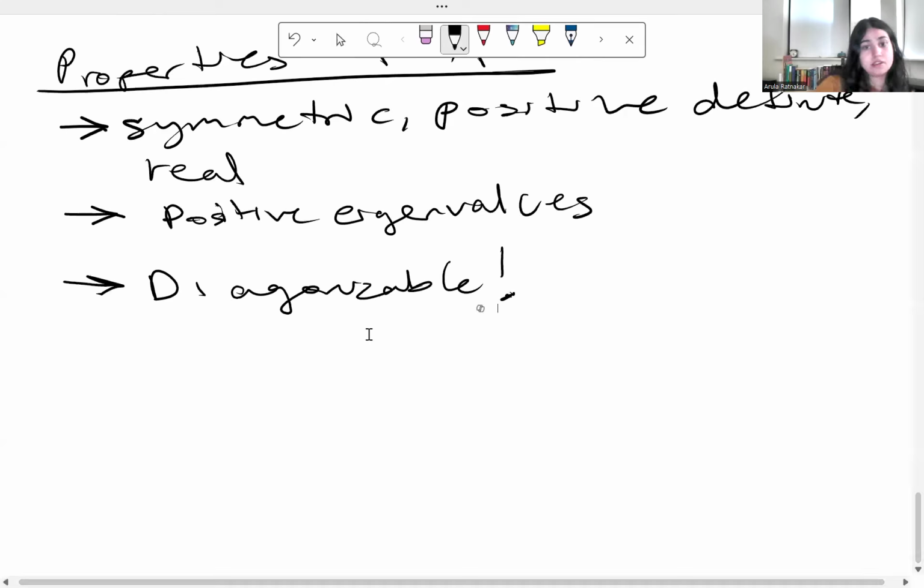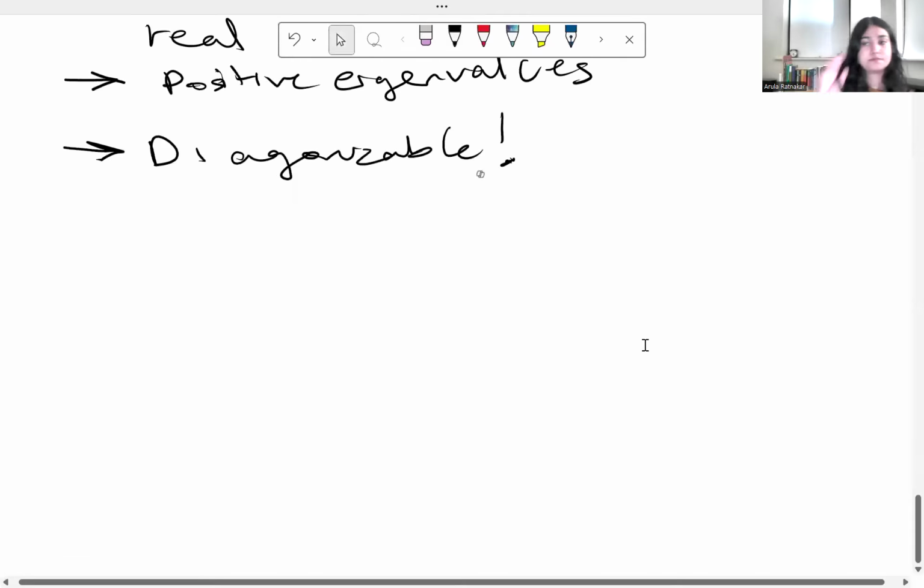And this property that it's diagonalizable comes in so useful. What does this mean again?